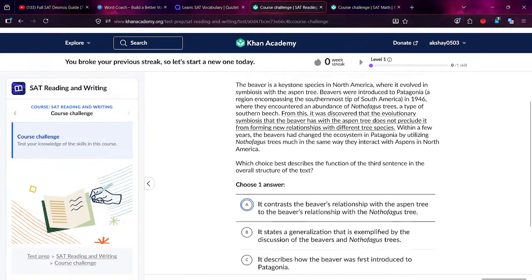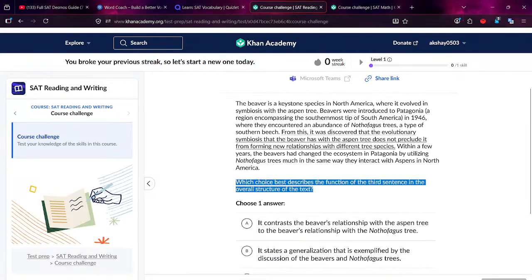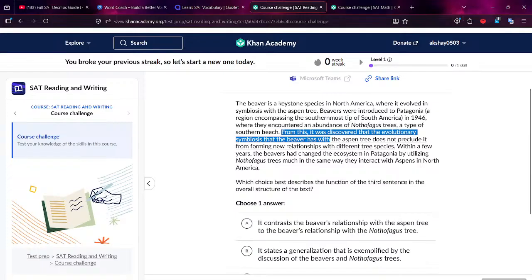All right. The beaver is a keystone species. Okay, what is the function of this? From this, it was discovered that the evolutionary symbiosis that the beaver has with aspen tree. So symbiosis is basically when two different species connect together in a positive relationship, right? So a beaver and aspen tree, it's saying that the symbiosis does not preclude it from forming new relationships with different tree species.